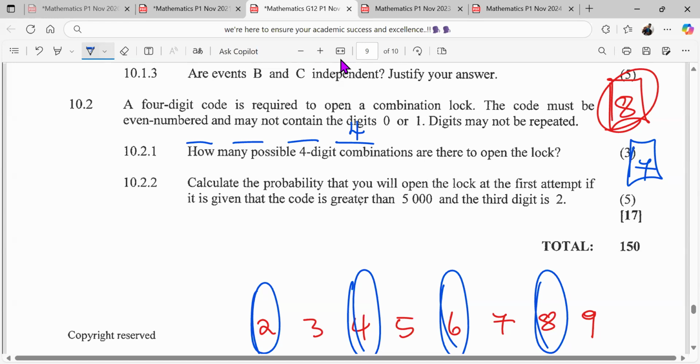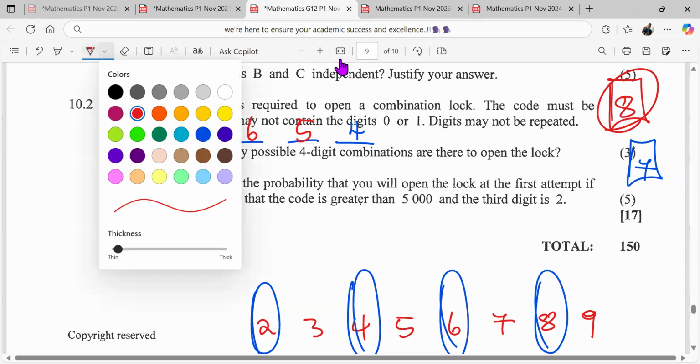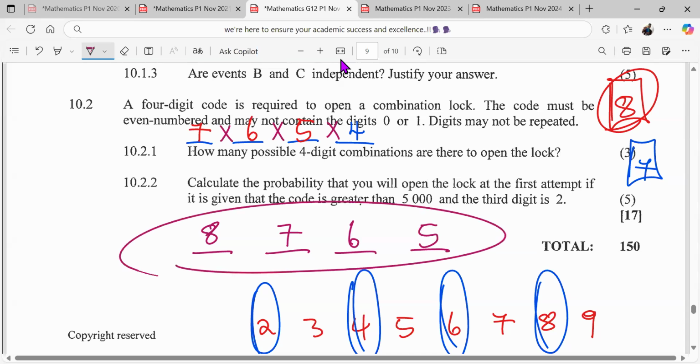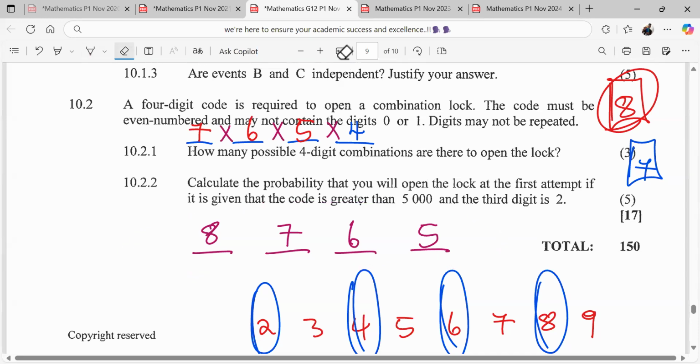So I can now put a number on the first position from 7 numbers, from 6, and from 5 on the third position. And this will actually be 7 by 6 by 5, and then we say by 4. Yes, that's what we are saying. It's very much different to when you say you have 8, 7, 6, and 5, because when you say this, it won't really be an even number.